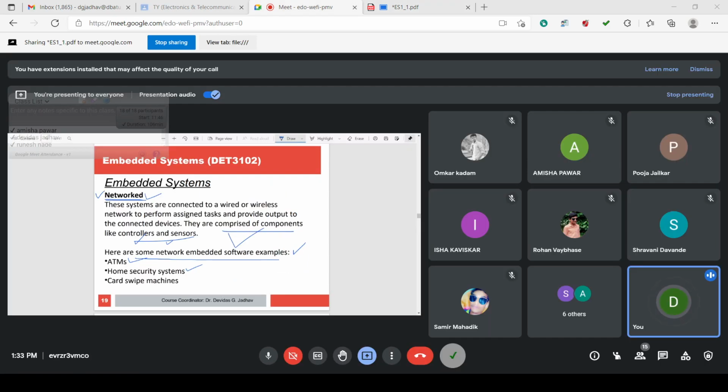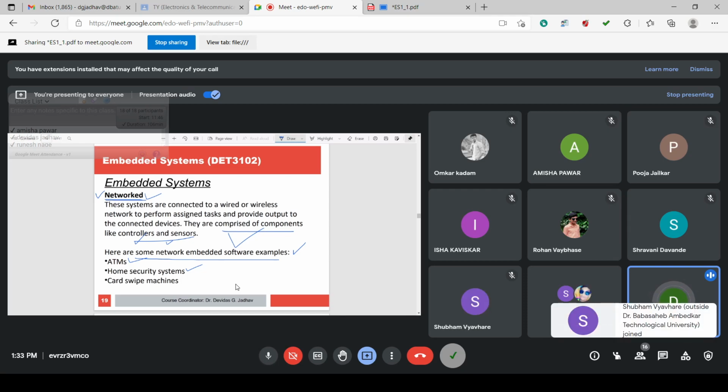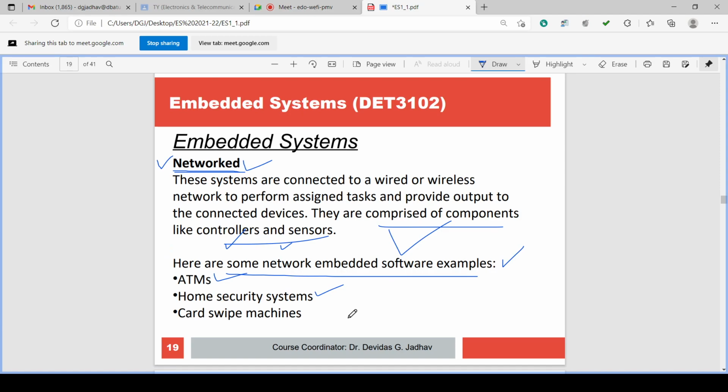So we are discussing the ATM and home security. In home security, many systems are there, and those systems are connected in the network, and whenever your position is showing in the nearby vicinity, nearby home, then the systems which are required are immediately turned on.